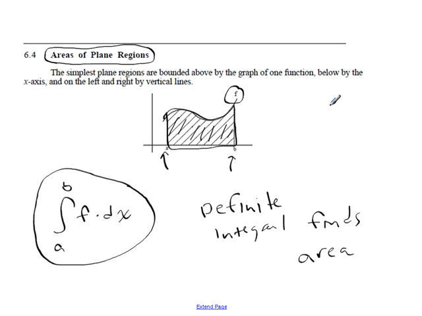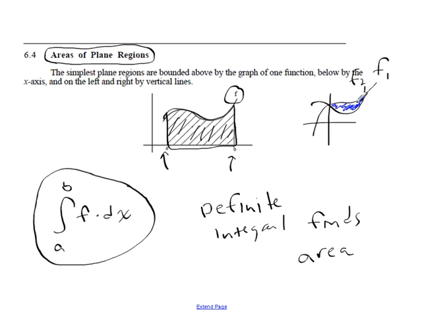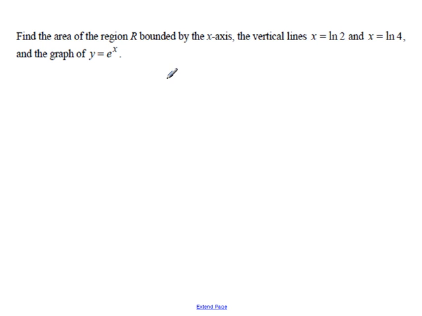Our goal by the end of this video is to take some curve function 1 and another curve function 2 and be able to find the area that is contained by those two functions. So that's where we're going. Let's start off with a warm-up problem, though. Take a stab at trying this problem on your own. Pause this video and see if you can make some sense of this and get to an answer.